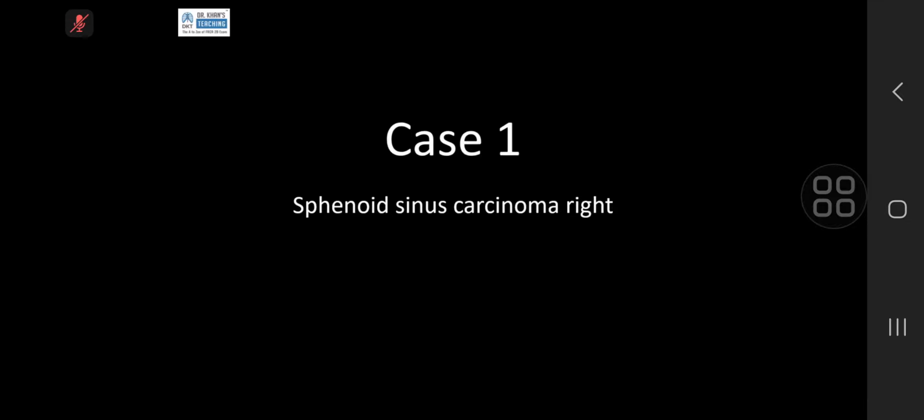In base of skull and paranasal sinuses, coronal at times is the best sequence, but nobody is stopping the examiners from opening a case like this. You have to develop where is the nasopharynx, where is the sphenoid sinus, on an axial. So don't think that they will show you a sagittal, particularly initially.